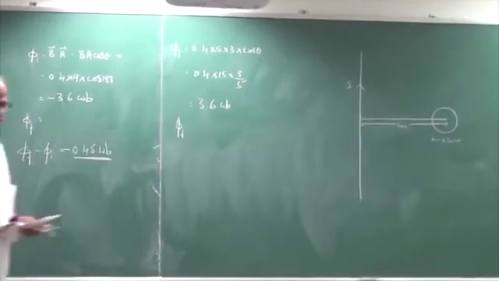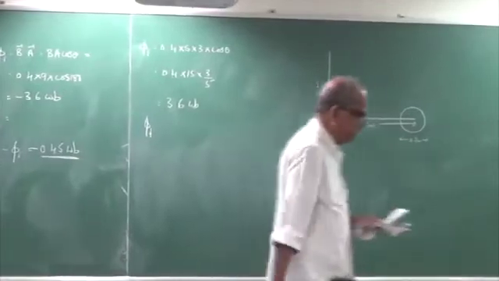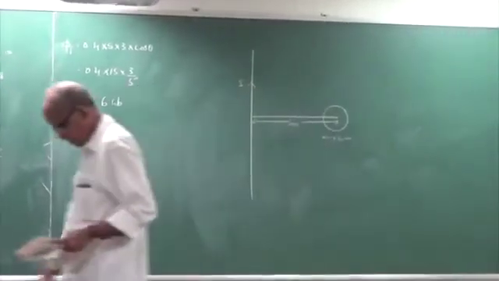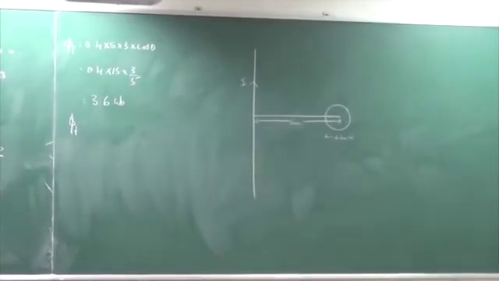A long straight wire carries a current of 2 amps.